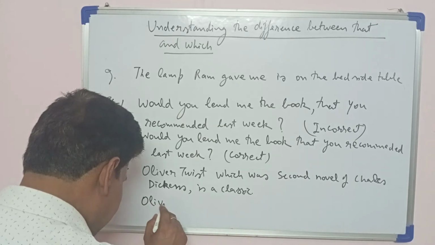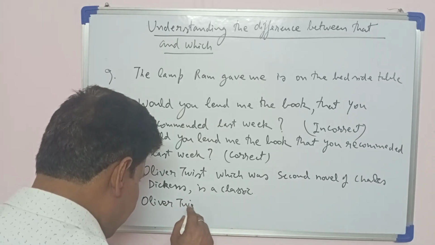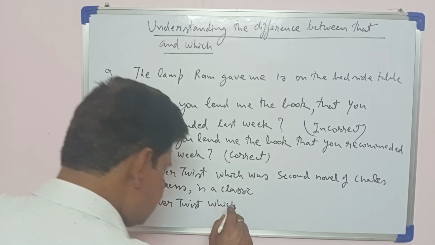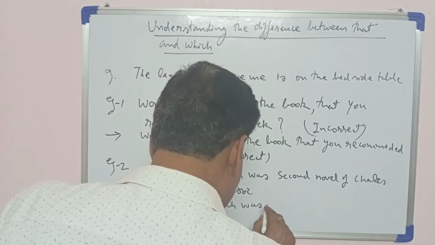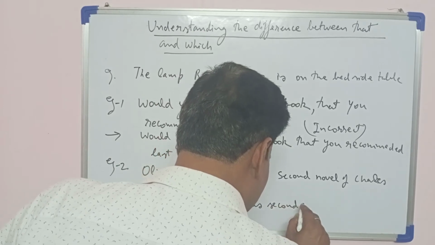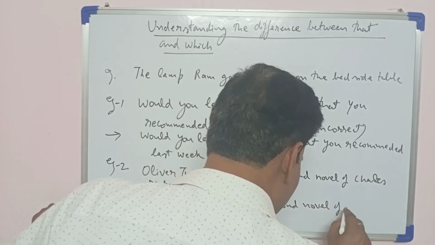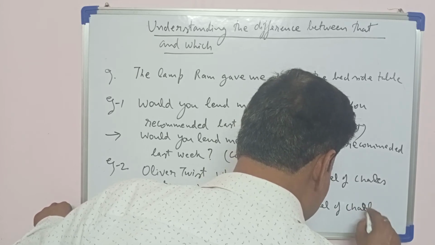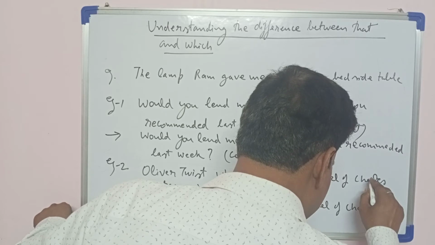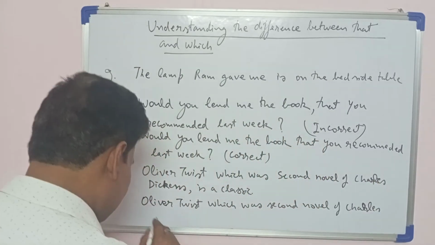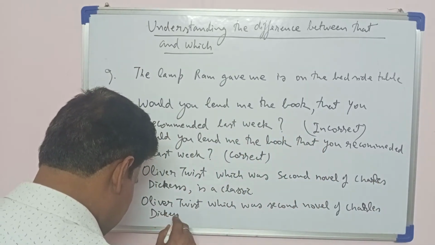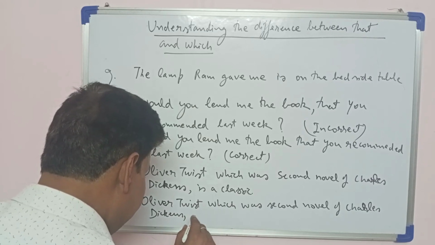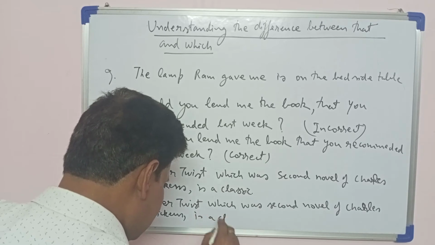Oliver Twist, which was second novel of Charles Dickens, is a classic.